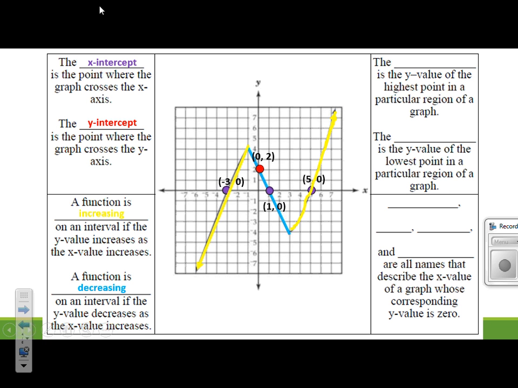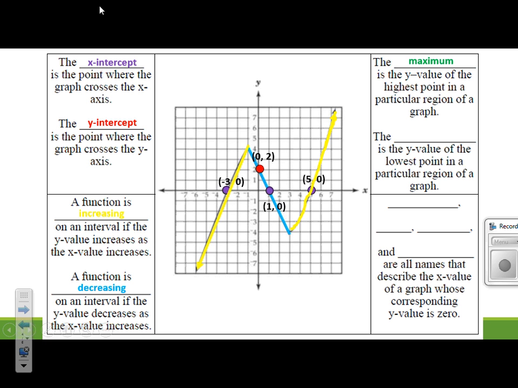Okay, now we're going to go to relative max and mins. If you open it up, you'll see the maximum is in green here, is the y value of the highest point of a particular region. So if I'm looking for the highest point of a part of the graph, now I'm not looking for the arrows.